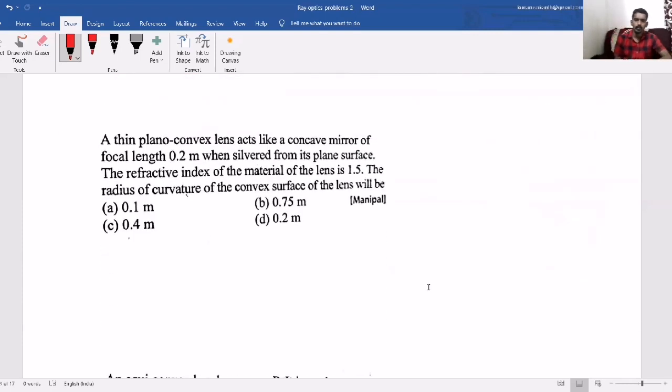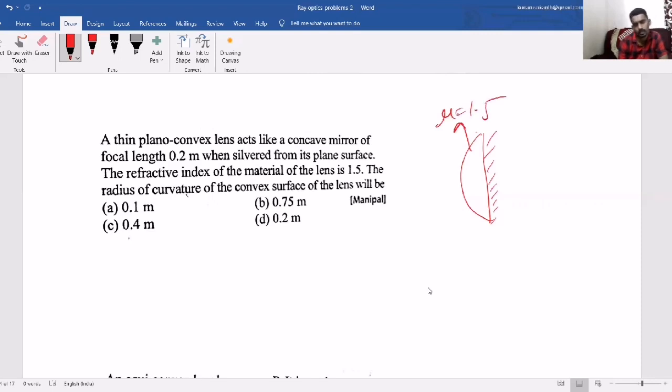Now, let's take one more question. A thin plano-convex lens acts like a concave mirror of focal length when silvered from its plane surface. See, when you consider a thin plano-convex lens, the plane surface is silvered, and the refractive index of the material is 1.5.